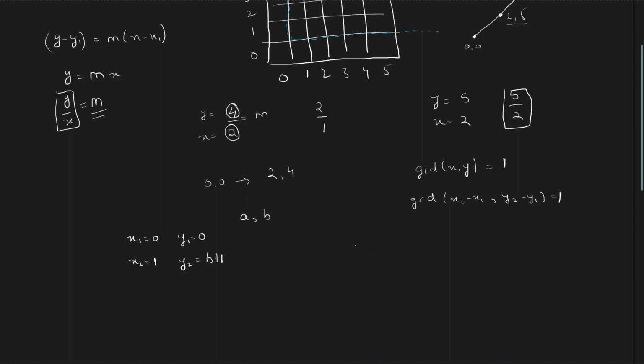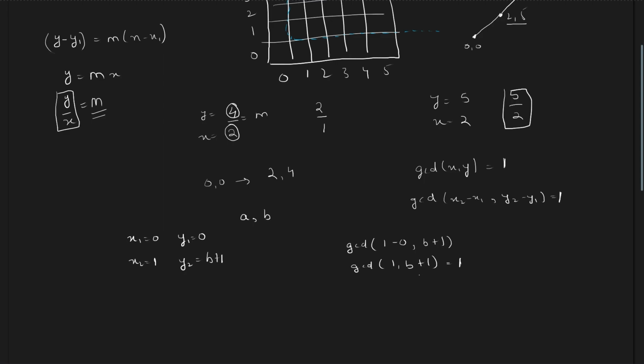Then the GCD will be x2 minus 0, which is 1, comma y2 minus 0, which is b plus 1. So the GCD of 1 comma b plus 1 will always be equal to 1. That means I can safely jump from 0 comma 0 to 1 comma b plus 1.